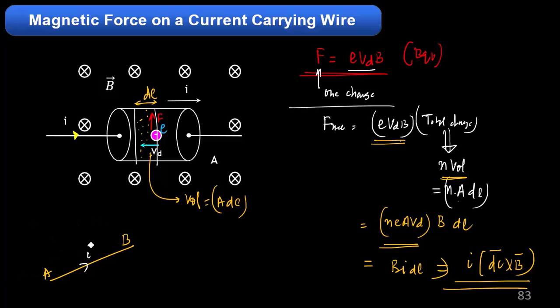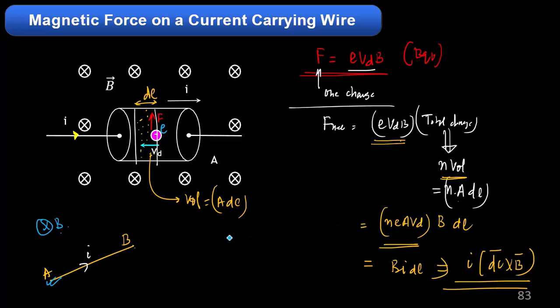Now if the entire conductor is inside a magnetic field and that field remains the same throughout, say I apply a magnetic field here, and at point A the magnetic field is B, and at point B again the magnetic field is the same B, then only I can apply this formula: I dl vector cross B vector is the net force acting on this.